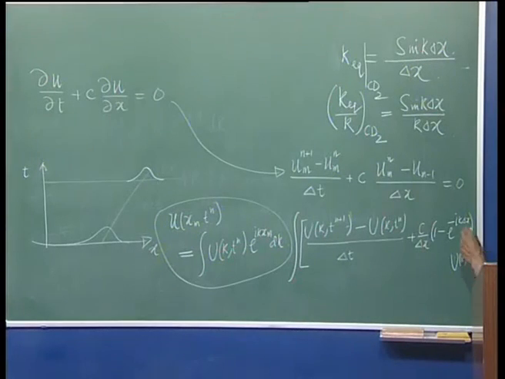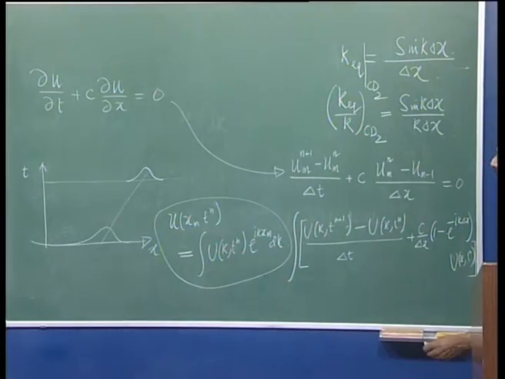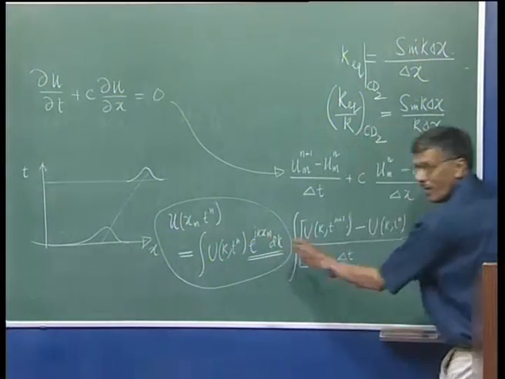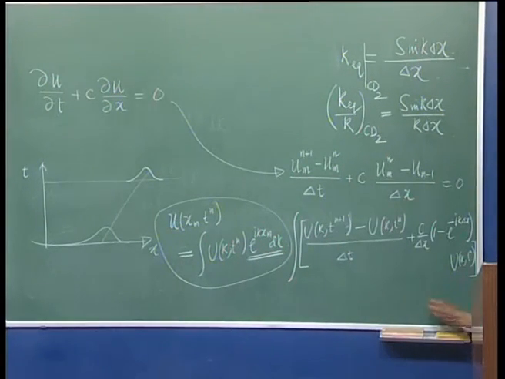This whole thing I am going to multiply with respect to this, so that is what we have written here. It has been multiplied by e to the power I k x d k. Since this whole thing is equal to 0, the integrand must be 0.